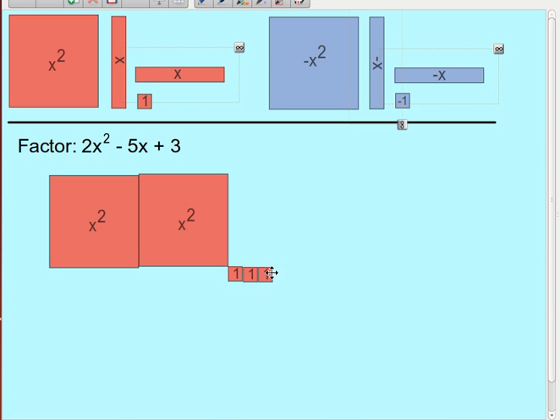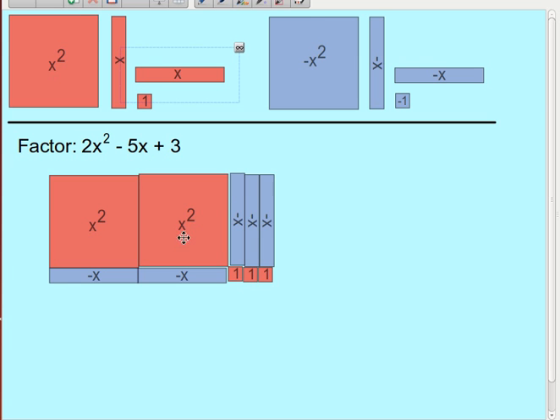to this other configuration. And now I'm going to try bringing in 3 negatives. And this is interesting because this is a negative 1 on the top here, but this is a positive 1. So what do I need to multiply this negative 1 by to get a positive 1? I need another negative 1. And you can see by doing that, I end up with a negative 5x.